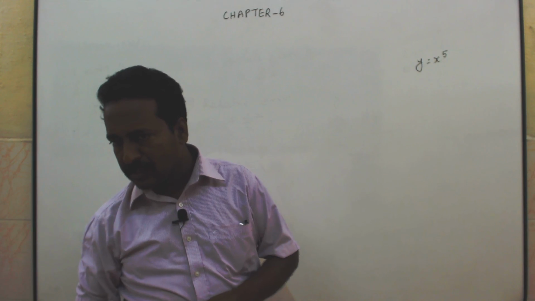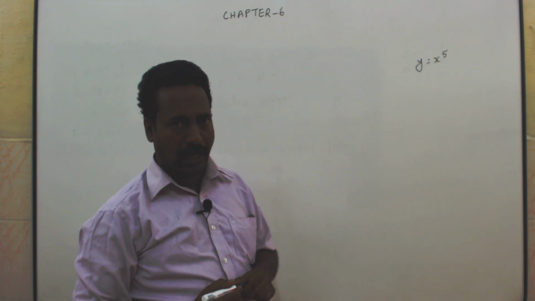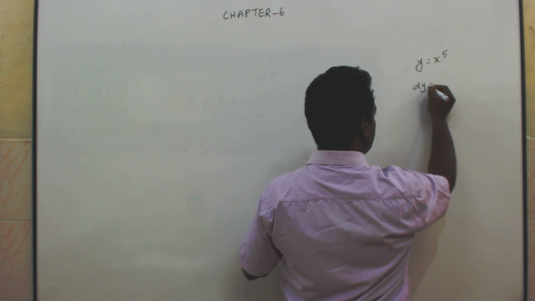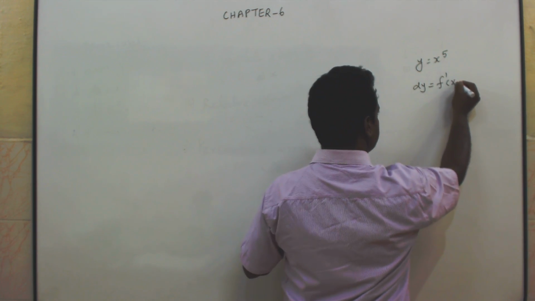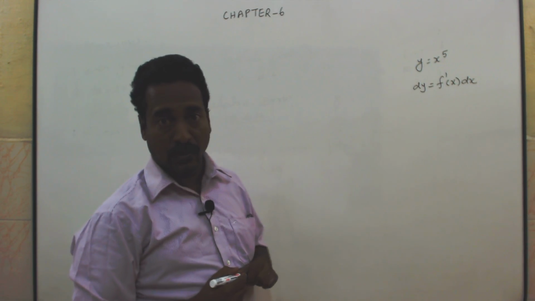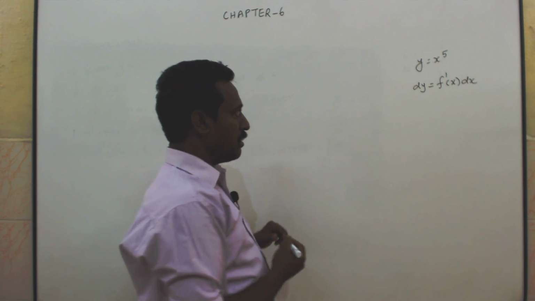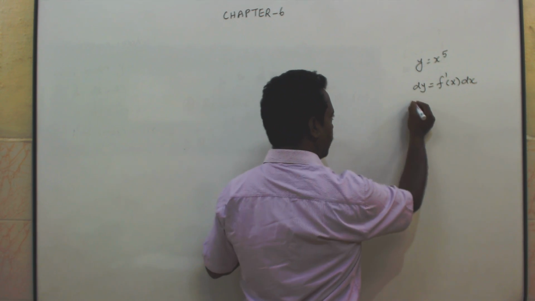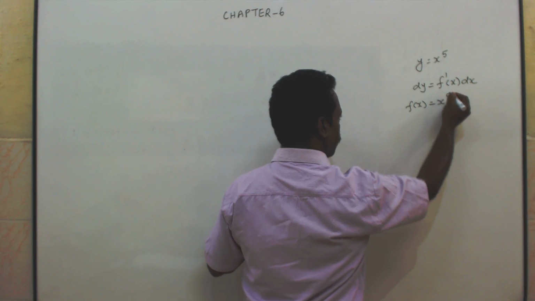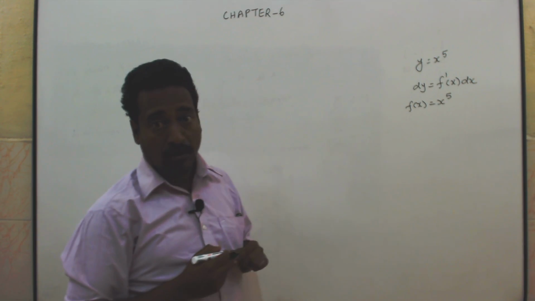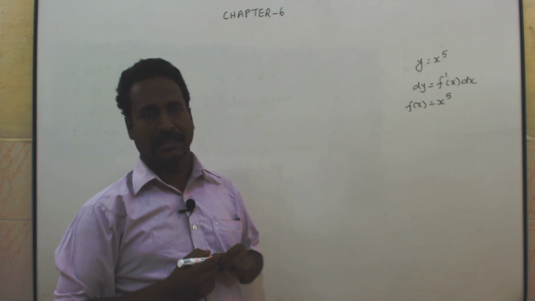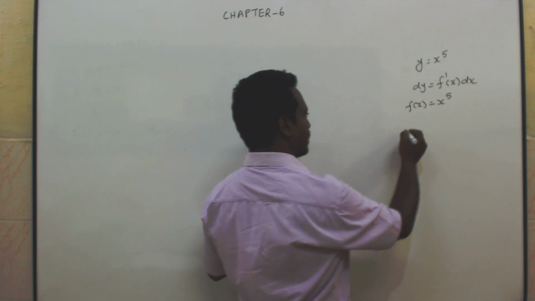So, differential means you have to find out dy. We know that dy equal to f dash of x into dx. Now, f of x is equal to x power 5. What we have to calculate? F dash of x. Just differentiate.